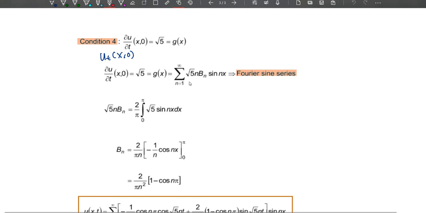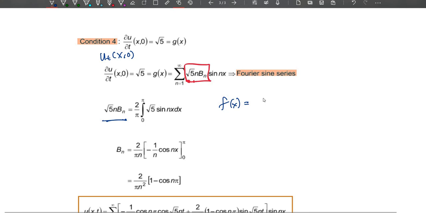Remember, okay, this should be one term that we integrate for in determining the value of bn earlier in Fourier sine series. That's why you need to write them all together here. I will rewrite it again for your reference.